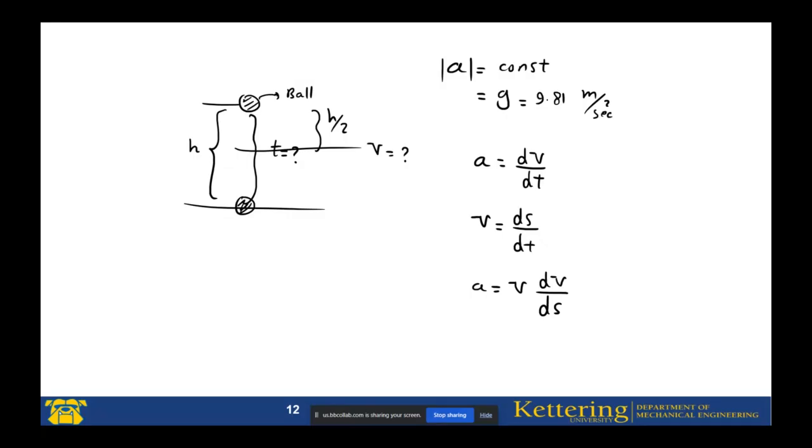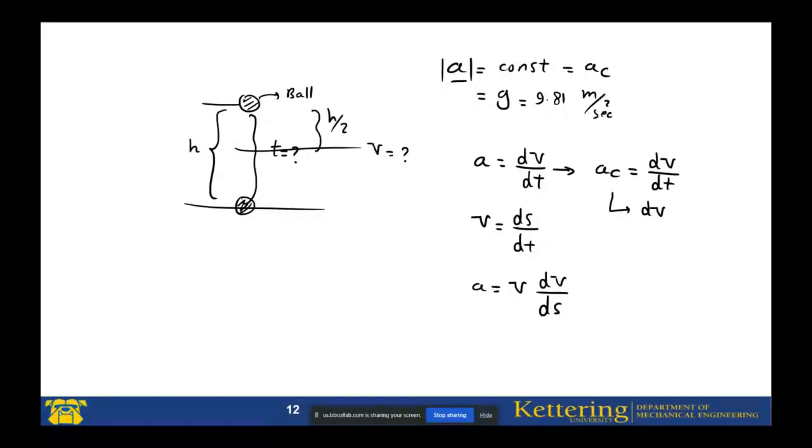Again, I will derive just one of them, then for the other ones, I will show you the final equation. To find this from this equation, I just mention that the acceleration is constant. I call it AC, constant acceleration. From this equation, acceleration equals the derivative of velocity with respect to time, then dv equals AC dt.